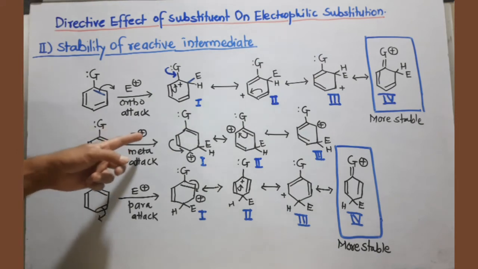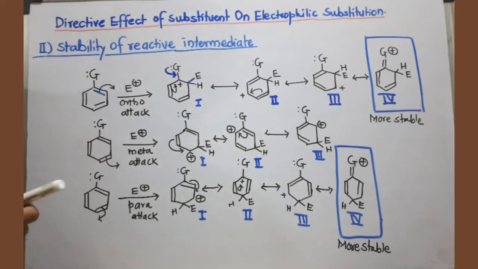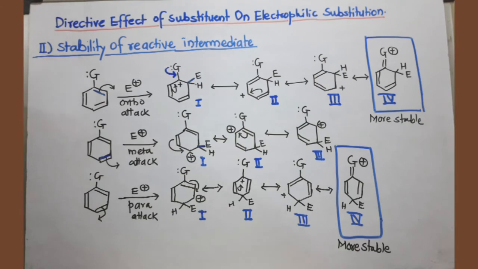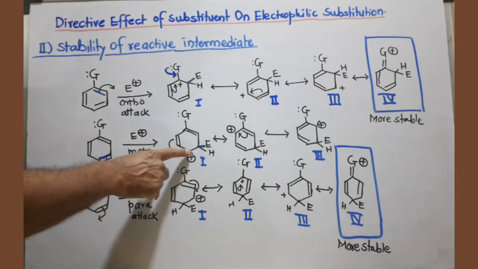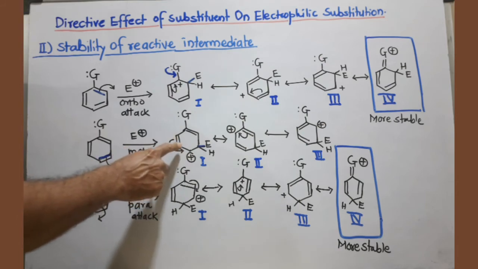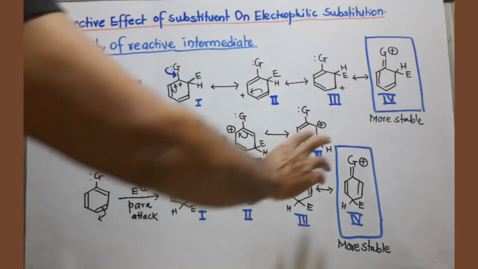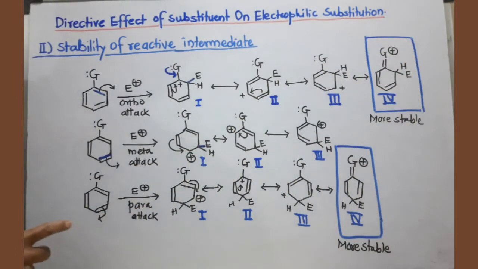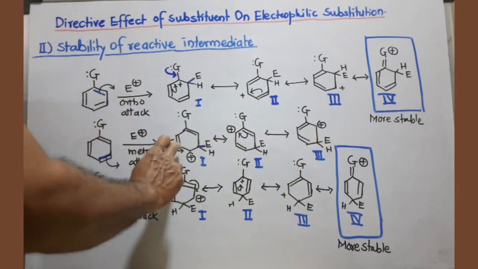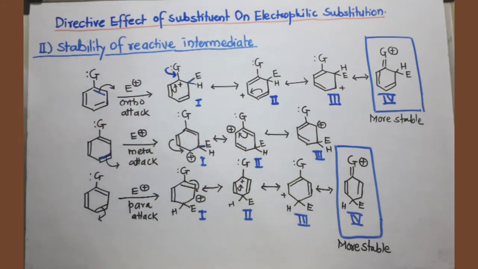Similarly, if you consider meta attack, you have to remove this bond outside at meta position, and you see positive charge develops here. By just moving the adjacent pi bond, we get 3 different resonating structures, but this kind of more stable resonating structure is not observed for meta attack. After meta attack we get only 3 resonating structures.